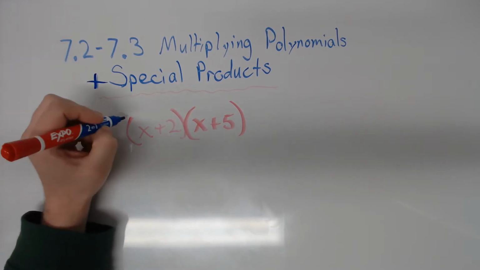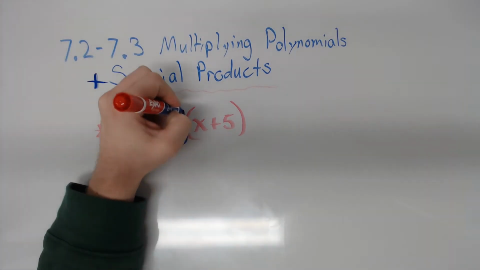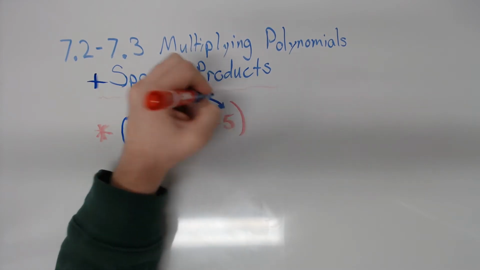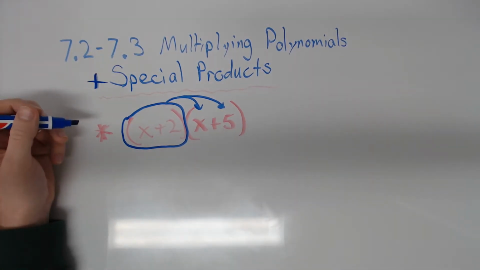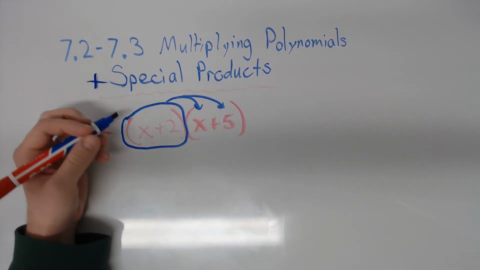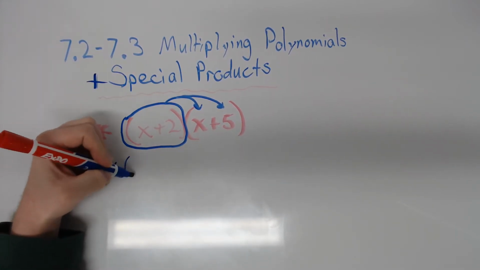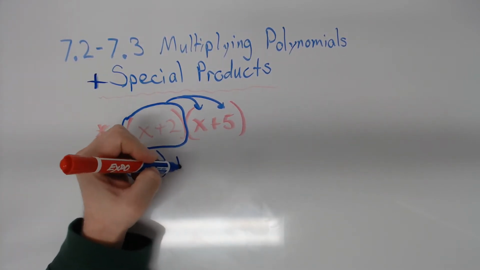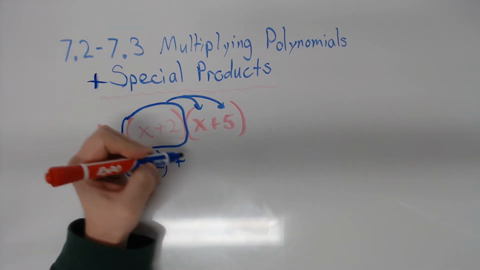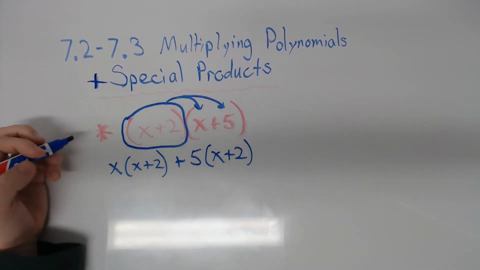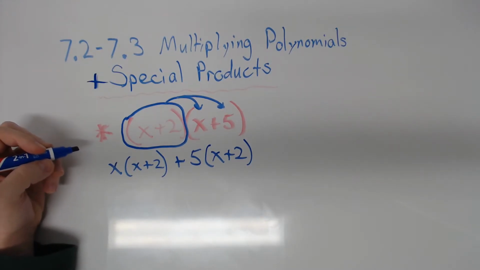The distributive property says this whole parentheses would get distributed because it's multiplied in front of the second one. So I would say x times x plus 2 in parentheses, plus 5 times x plus 2 in parentheses. So that's just the distributive property.